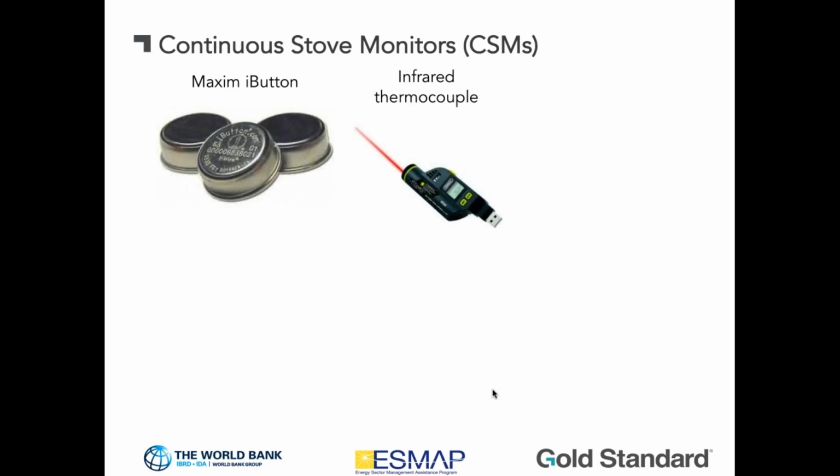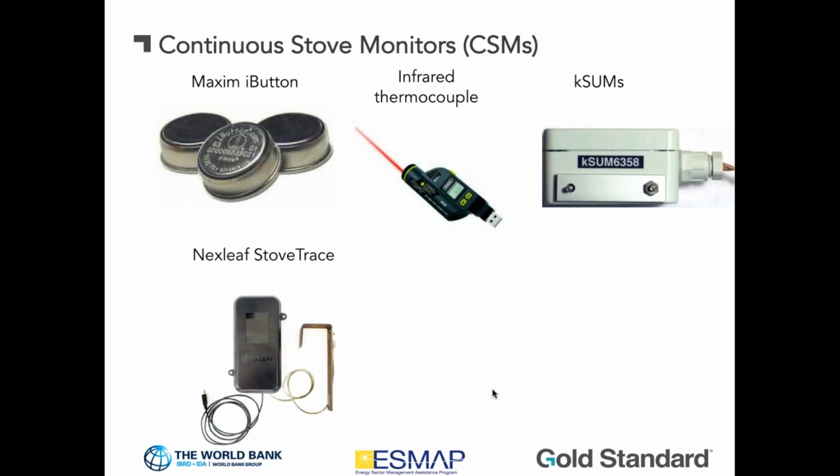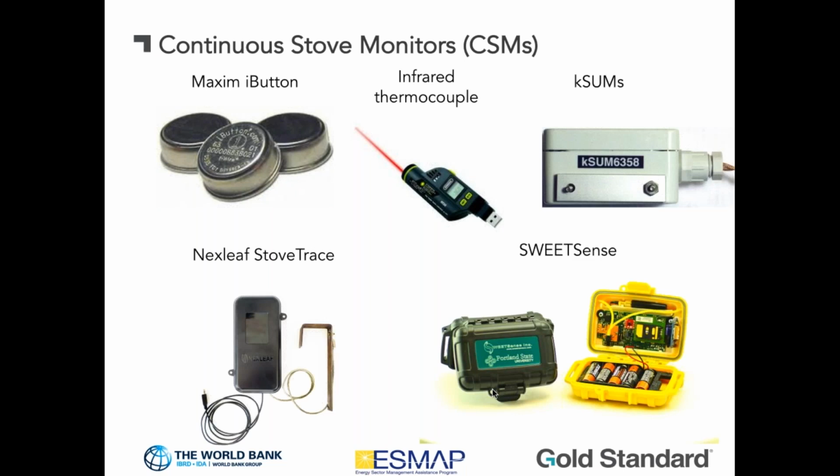These are some of the continuous stove monitors. The methodology for the usage surveys allows developers to use continuous stove monitors to know the usage rate of the project devices. So it allows both the survey approach and the approach of using continuous stove monitors.